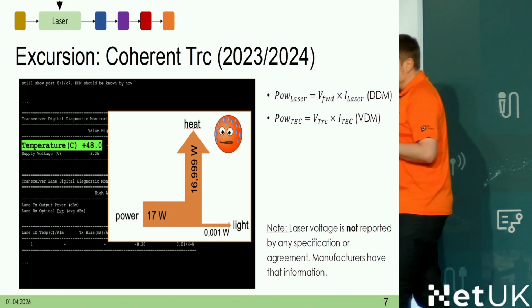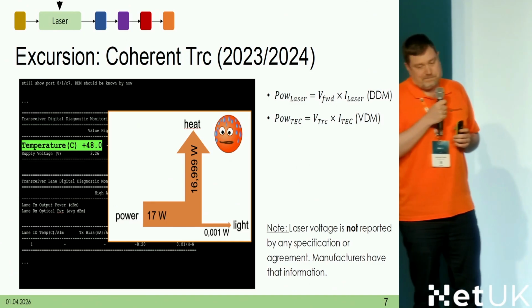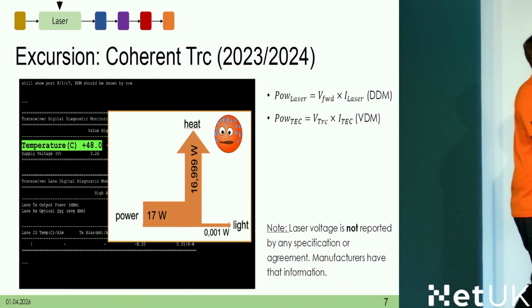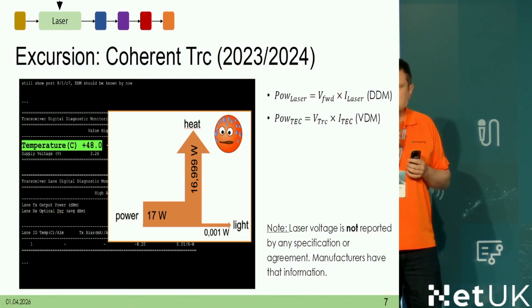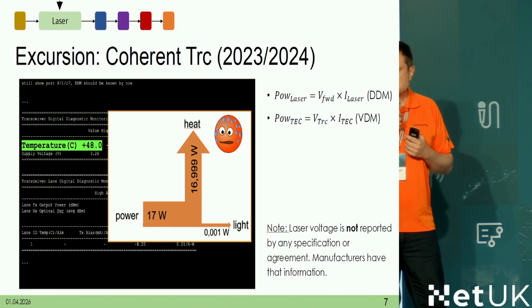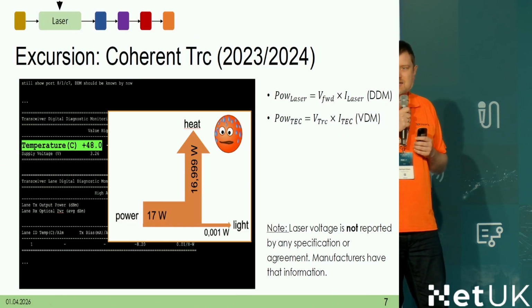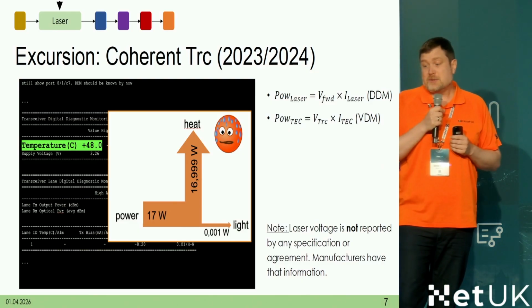About 2-3 years ago, we started to announce coherent transceivers more. We have had those since 2020, but in the last two years they started to get more interesting. Now we are seeing that these small plugs consume a lot of power.